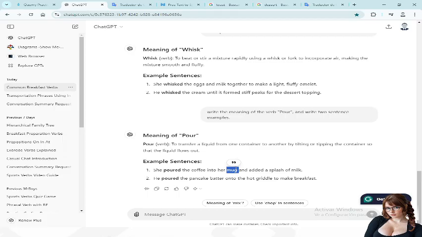It's a large description of its meaning. I think that we will use a short description. To transfer a liquid, I think that is an unnecessary description.